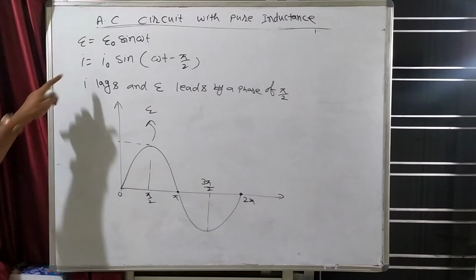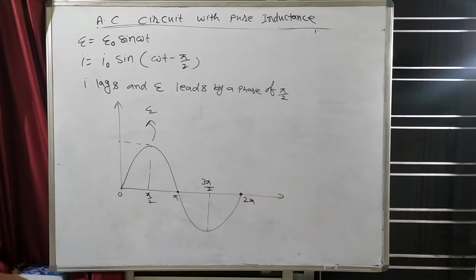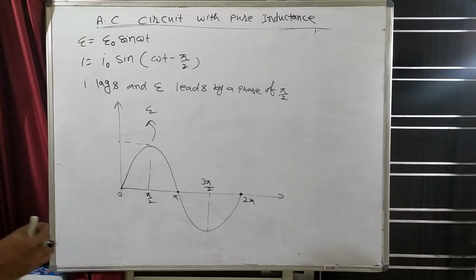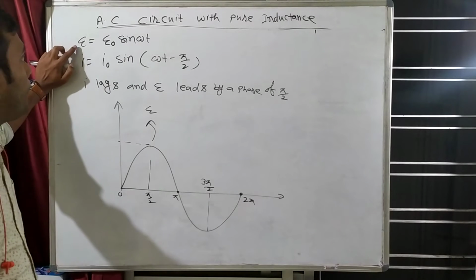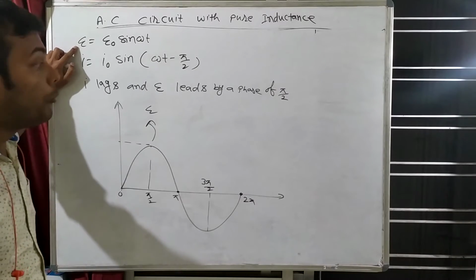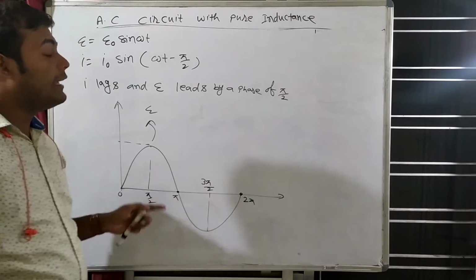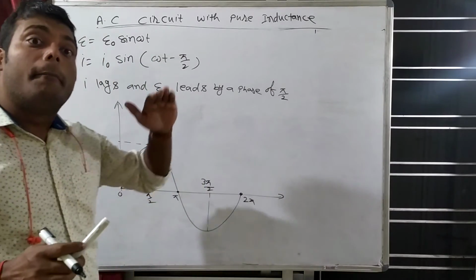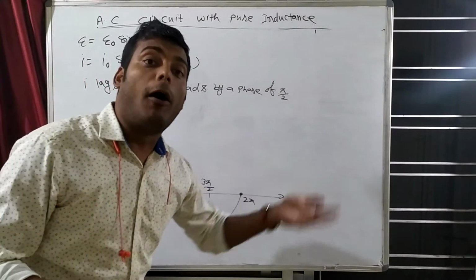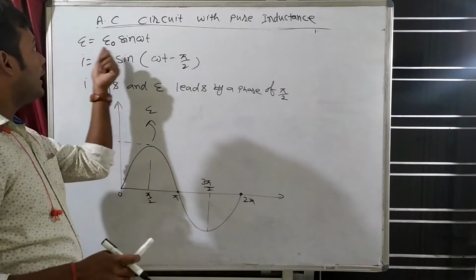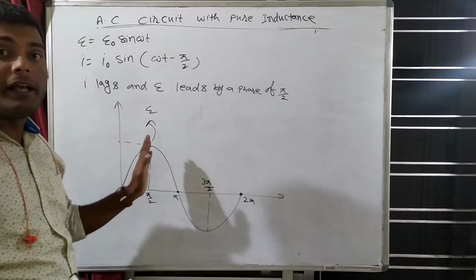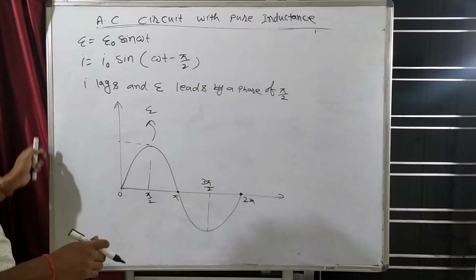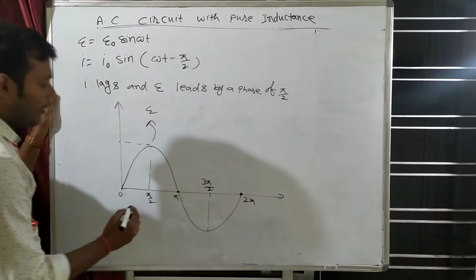Now we have to make the graph of I. Whose peak will come first? EMF, because EMF is leading. So first we will make the peak of EMF, and after EMF, the peak of current will come.